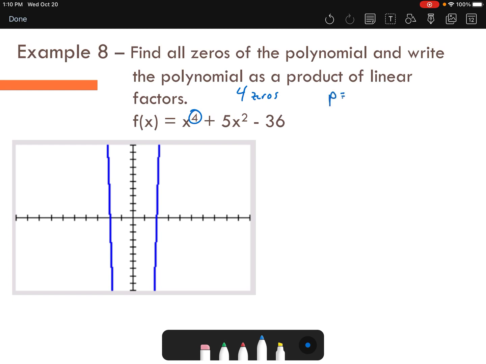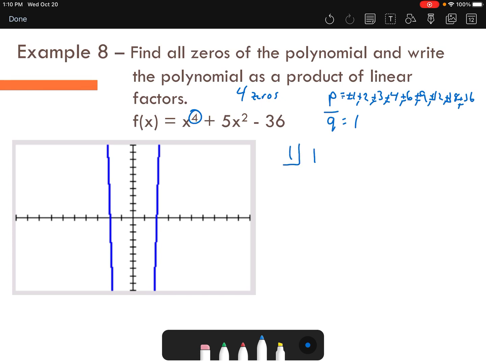Now remember, we need to do the P and Q. So 36 has 1, 2, 3, 4, 6, 9, 12, and 18 as possible factors, and 36. Q, though, is just 1, the coefficient of x to the 4th. So P over Q are all of these possible real zeros. It looks to me like there's a real zero, 1 or -1, or maybe both.